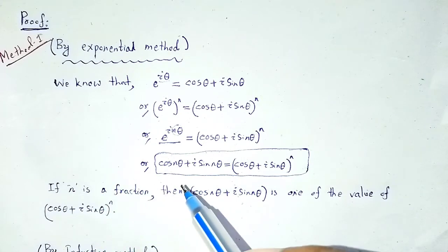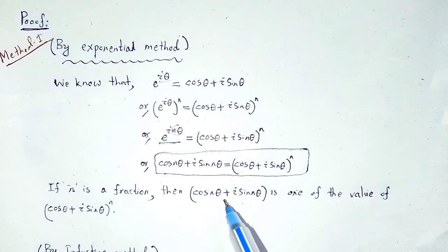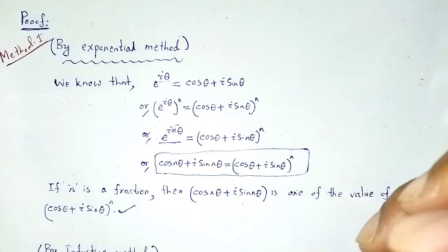If n is a fraction, then we can say cos n theta + i sin n theta is one of the values of that particular expansion. In this way we prove de Moivre's theorem.